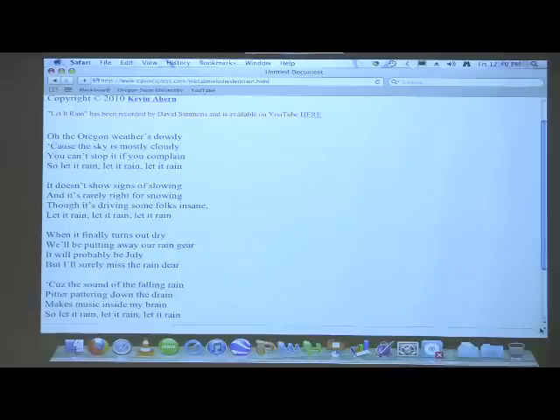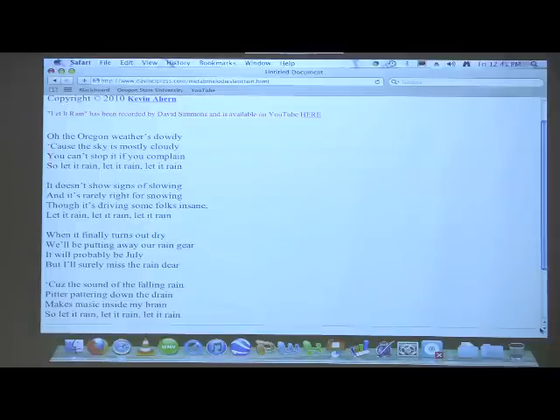Oh, the Oregon weather's dowdy, 'cause the sky is mostly cloudy. You can't stop it if you complain. So let it rain, let it rain, let it rain. It doesn't show signs of slowing, and it's rarely right for snowing, though it's driving some folks insane. Let it rain, let it rain, let it rain.